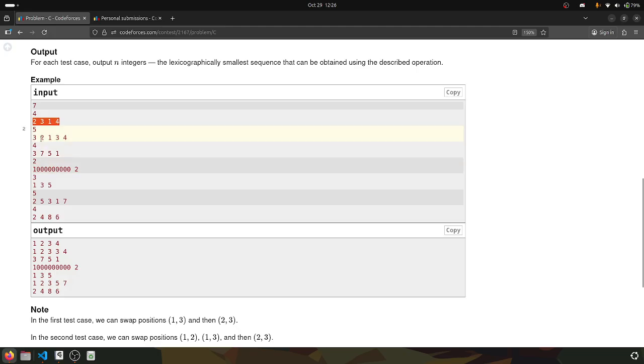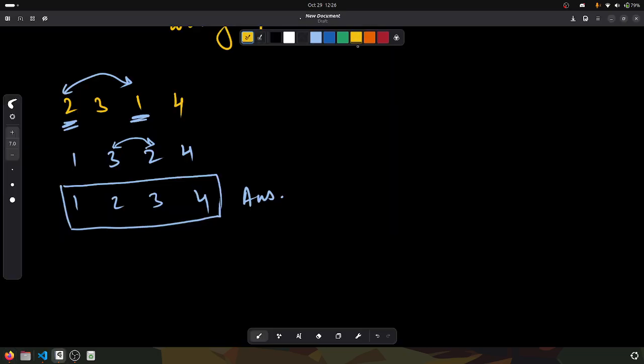Now the next test case is 3, 2, 1, 3, 4. Again, to make it lexicographically smaller, we need to put this 1 somehow in the beginning. But we currently are not able to perform that operation since 3 is an odd number and 1 is also an odd number.